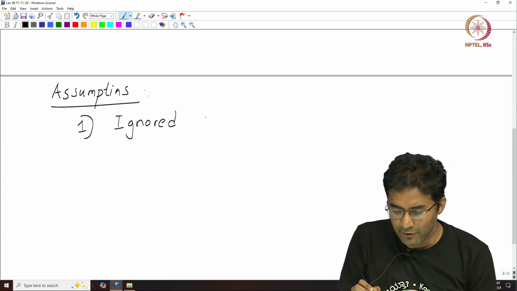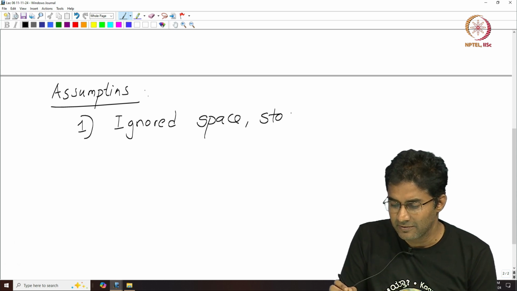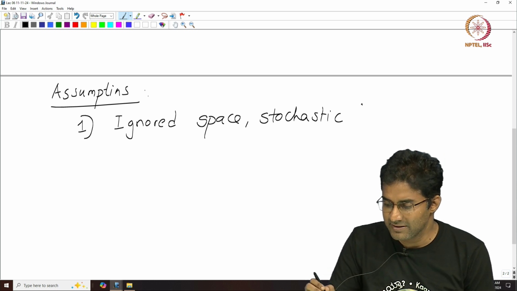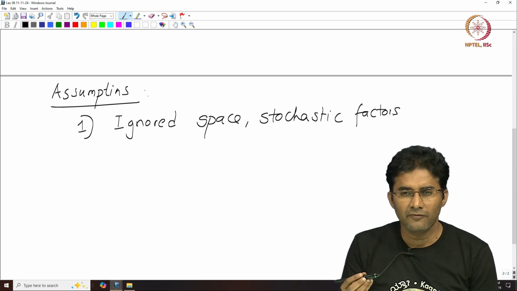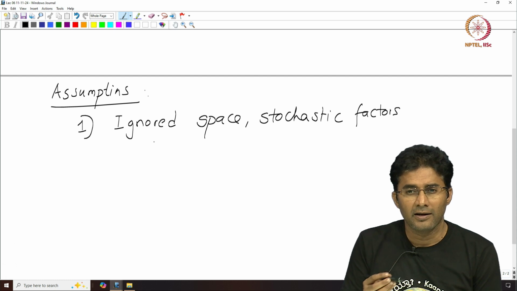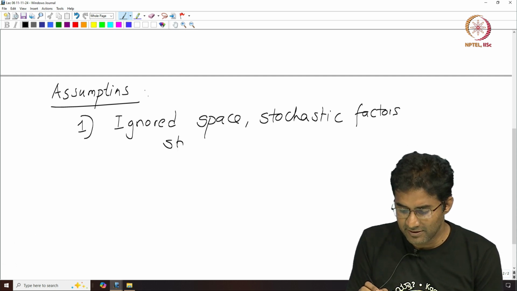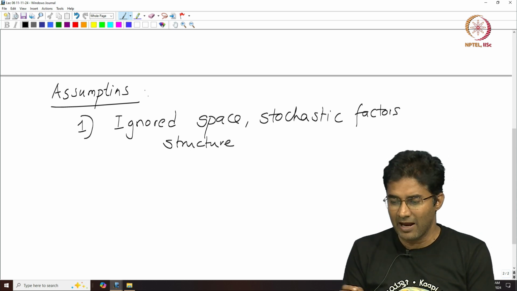For example, we have ignored the fact that they are spread in space and there is stochasticity in birth and death, right. Okay. And stochastic factors are totally ignored, right. And we have ignored the fact that many organisms have life histories and various stages in life. Structure within a lifetime is something again we have ignored, right.